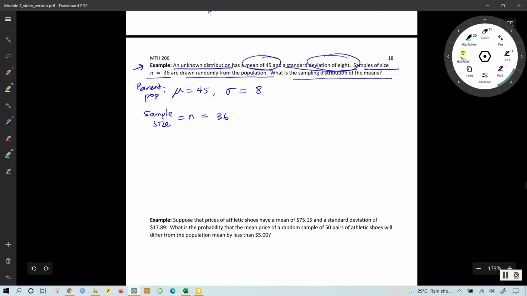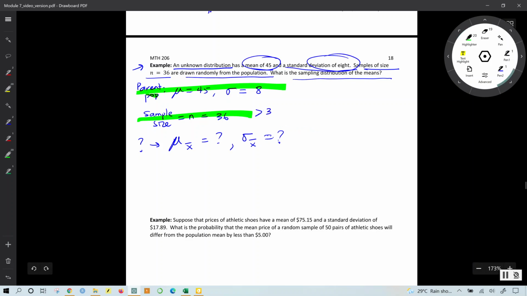What is the sampling distribution of the mean? So the question is asking, what will the mean of x bar be, and what would the standard error of x bar be? All I need to recall is what we have just learned so far. I need to check that even though the parent population is not normal, all I need to check is the sample size.